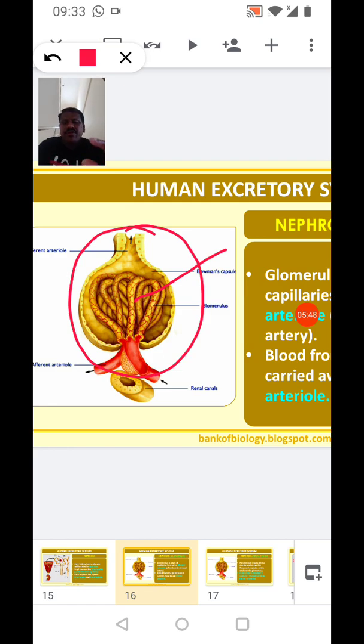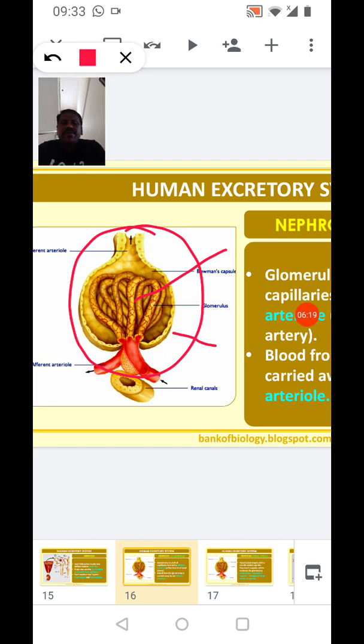Do you know what I mean by tuft? Tuft means group. A group of blood vessels are present, and these are known as glomerulus. Okay. And a double-walled cup-like structure is present, which is known as the Bowman's capsule. Okay, this Bowman's capsule and the group of blood vessels together are known as renal capsule or Malpighian capsule.